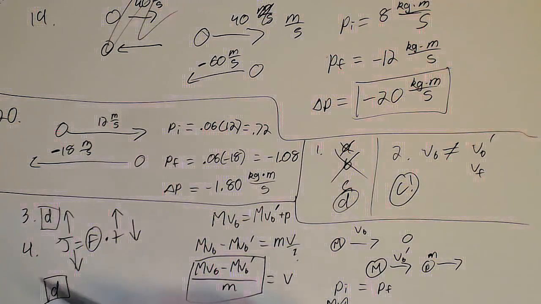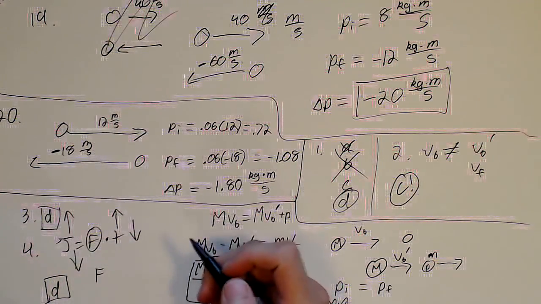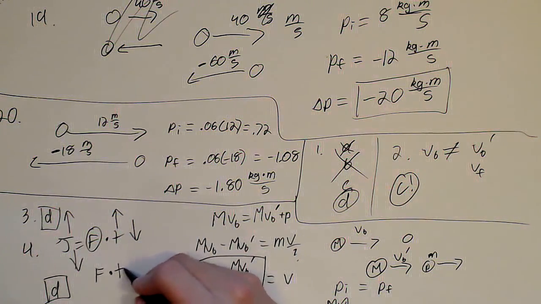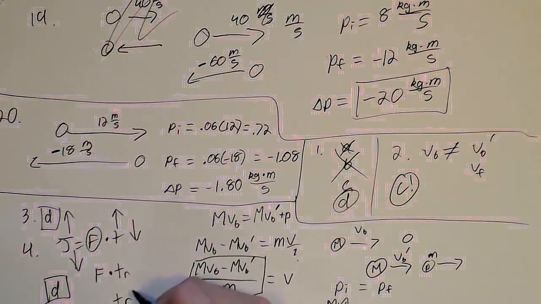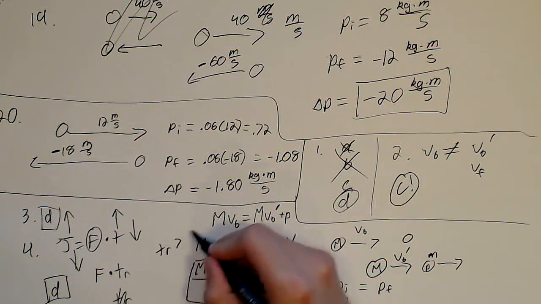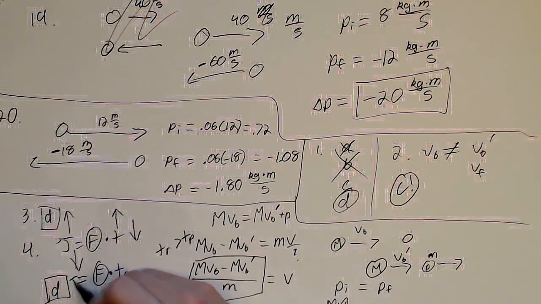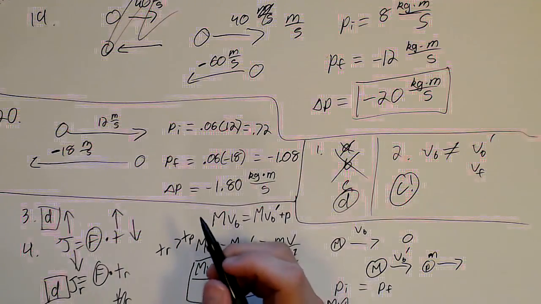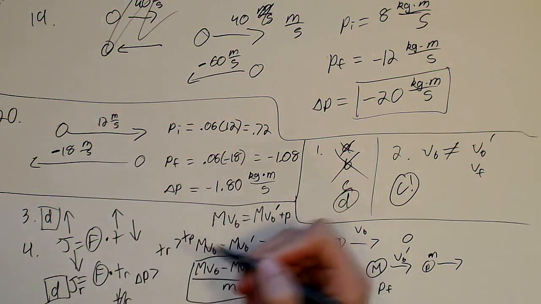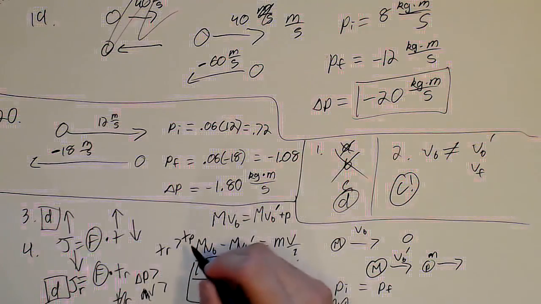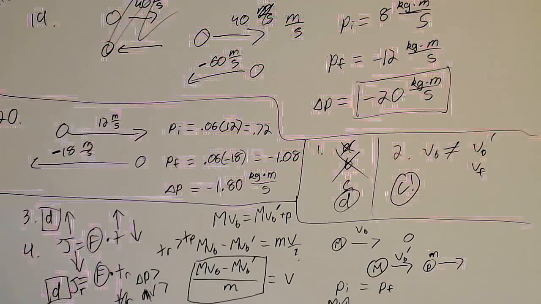So what this is saying is, assuming the force is the same in the pistol and the rifle, which is not true, but we're going to assume that for the sake of this problem, since the time spent in the rifle is going to be greater than the time spent in the pistol, and the force is the same, the impulse of the rifle is going to be greater, therefore the change in momentum will be greater, and since momentum is m times v, and we're assuming the mass is the same, the velocity will be greater. Hopefully that makes some semblance of sense.